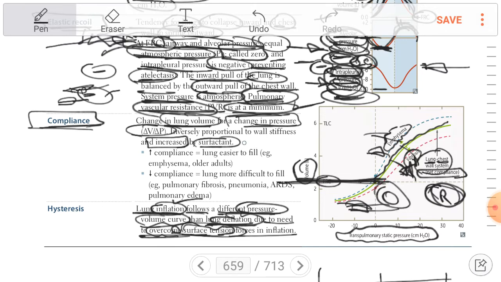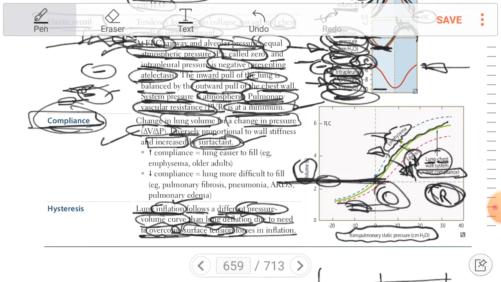So surfactant will facilitate distension of the lung because it will decrease the surface tension. Surface tension increases the risk of collapse. So by increasing surfactant, it will decrease the surface tension, leading to easier expansion and increased compliance.